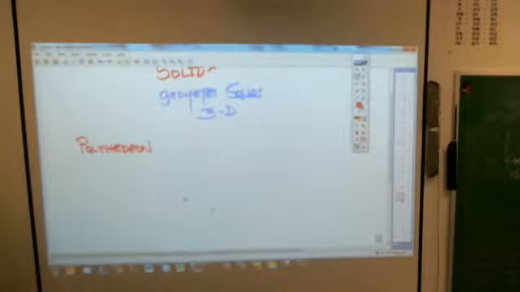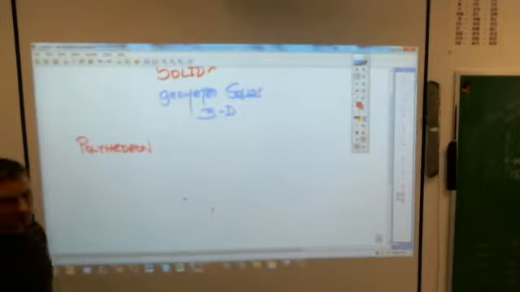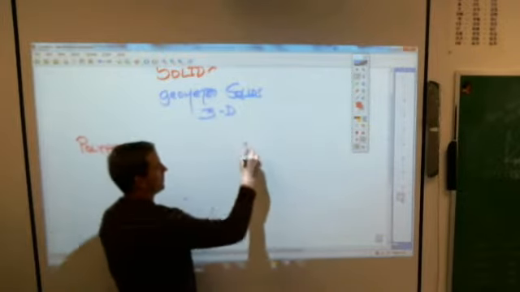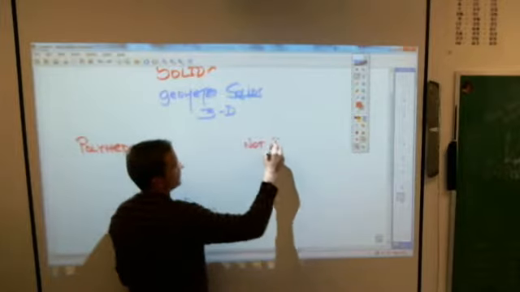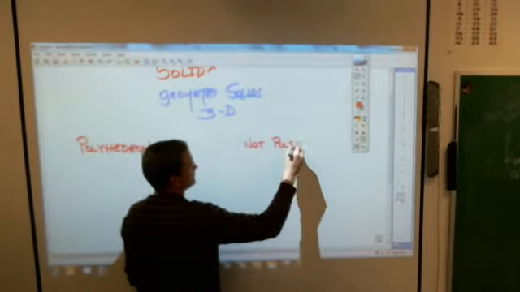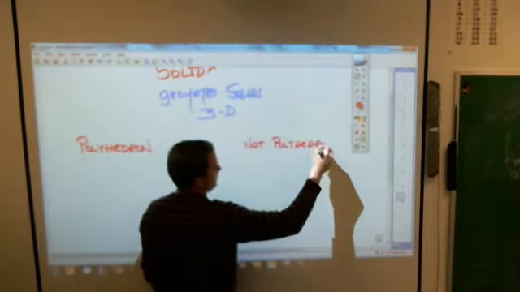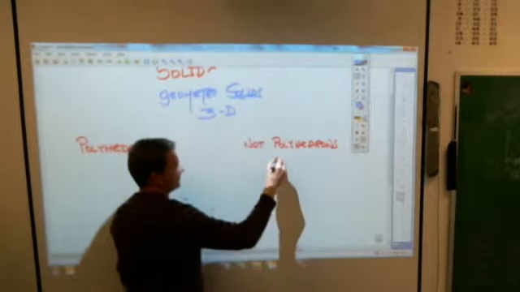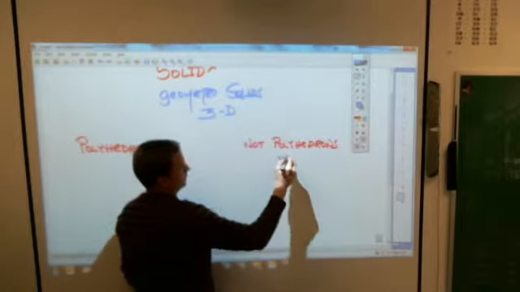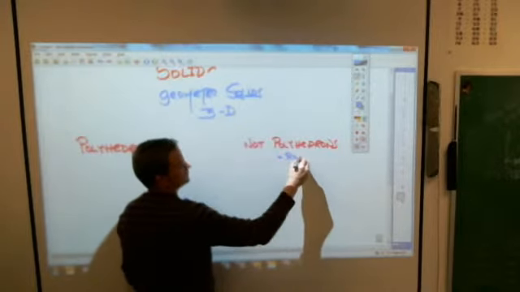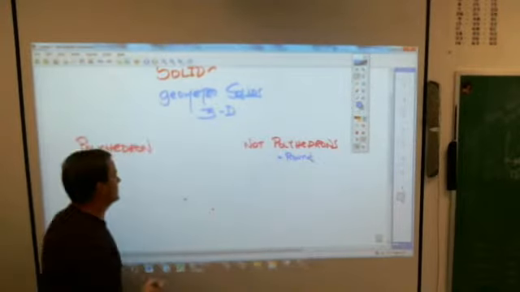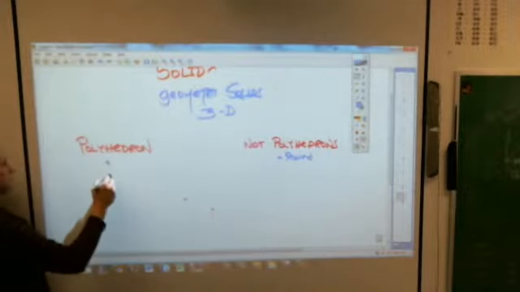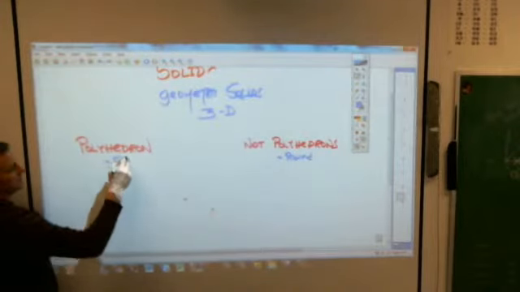Or they're called not polyhedrons. And probably the easiest way to think about this is shapes that have round things on them. And these are shapes that actually are made of all polygons.